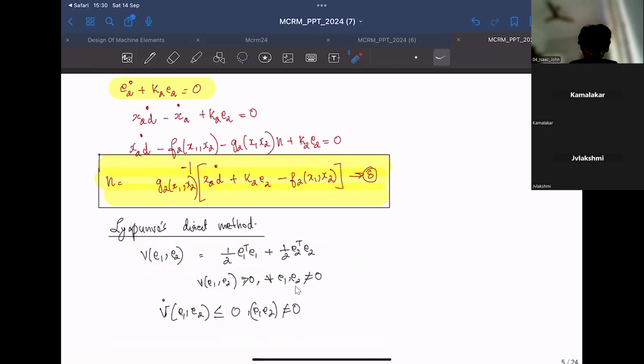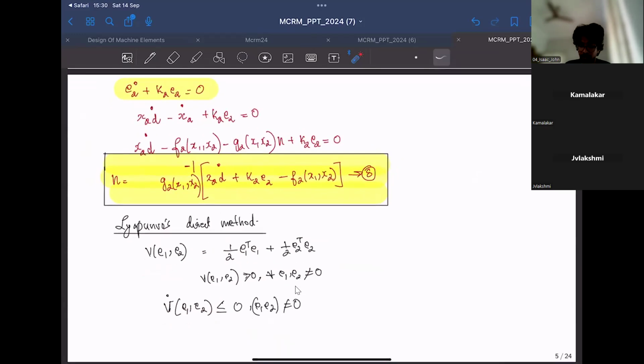And if you can somehow prove that V dot of E1 comma E2 is less than 0, or you can choose your control input in a way such that V dot of E1 comma E2 is going to be less than 0, then that itself is a good proof that the system is asymptotically stable.